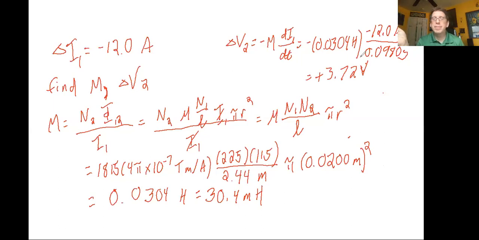Well, what you have is that I1, it could be going clockwise from your vantage point or counterclockwise, but the point is it's decreasing. So the induced voltage in coil 2 is going to oppose that decrease.